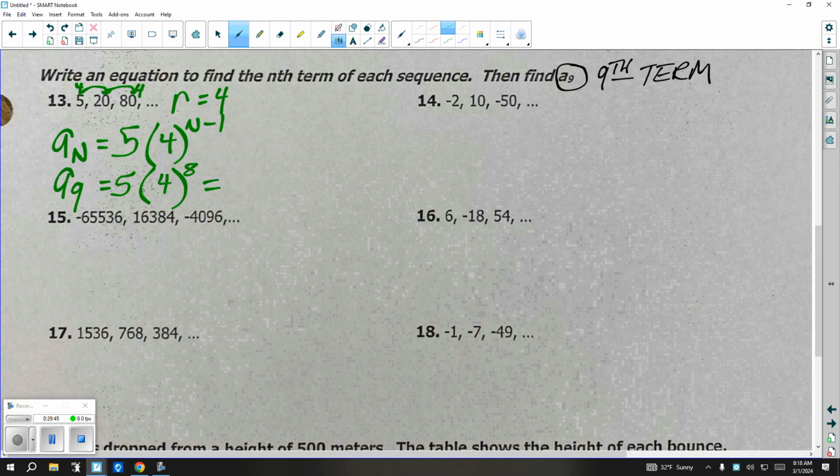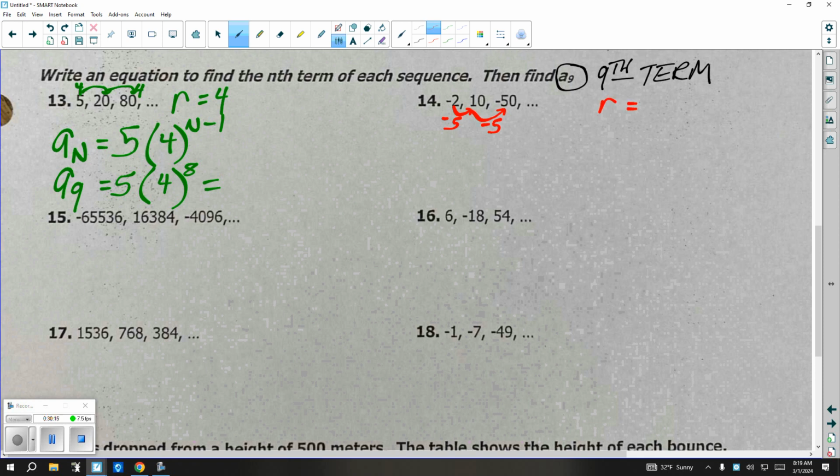Number 14. Did you say that you multiply this by 5? Uh-oh, how about -5? Did you say that you multiplied this by -5? So did I. So that means, everybody, on number 14, that R is -5.